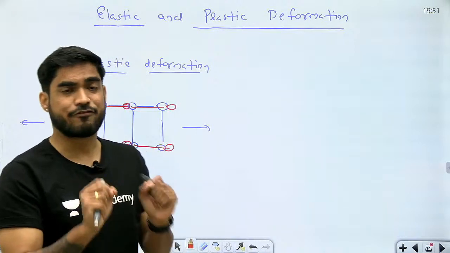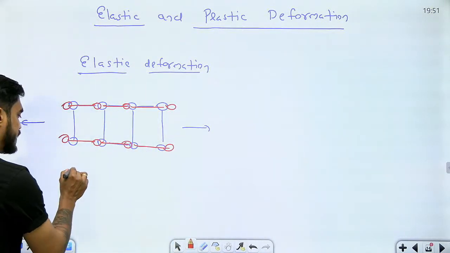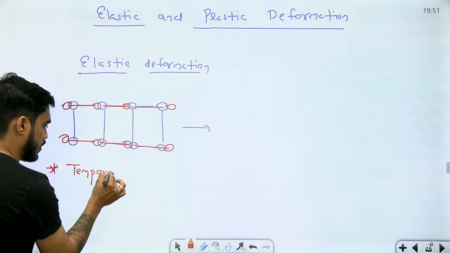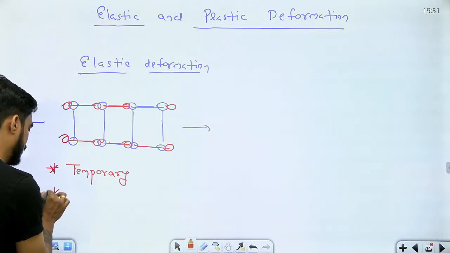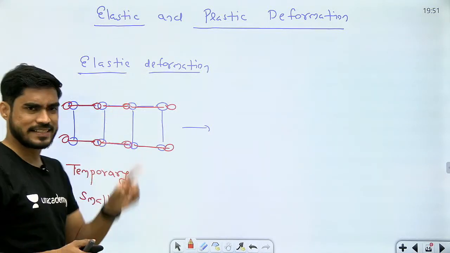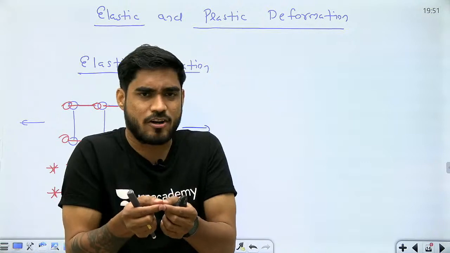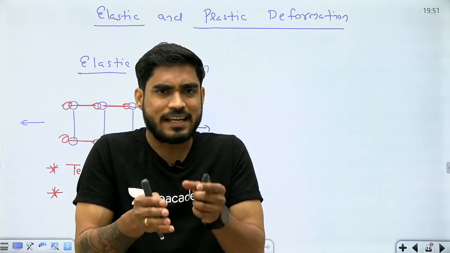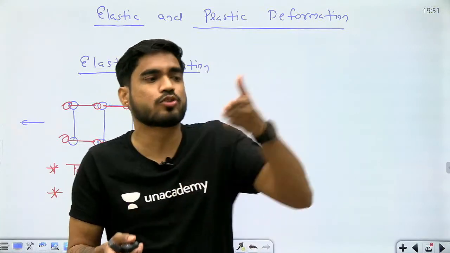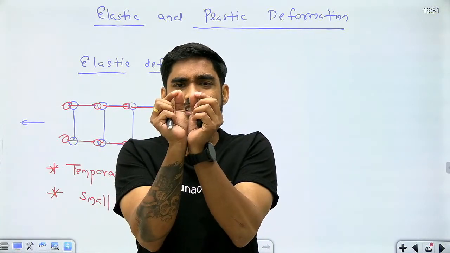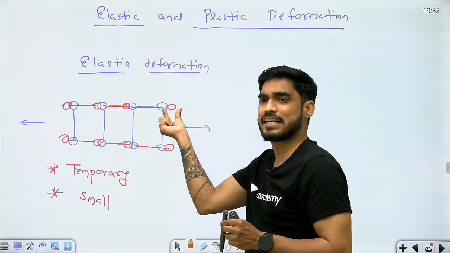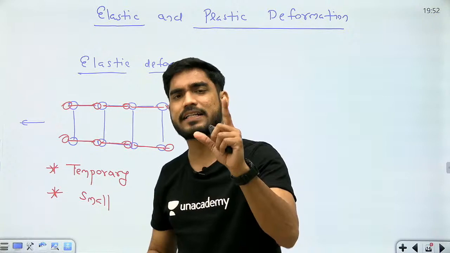So this deformation is temporary and small, very small, because the bonds are not broken, so the atoms cannot move by a very large distance. Atoms जो है बहुत दूर नहीं जा सकते, they are going to stretch by a very small amount, okay. तो काफी छोटा सा deformation मिलेगा and it will be temporary.